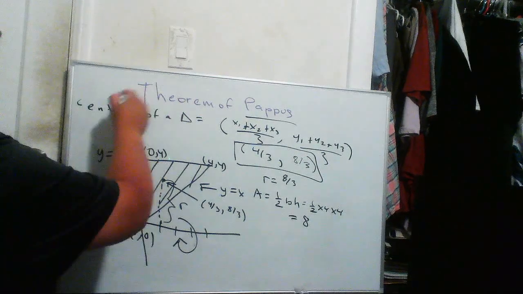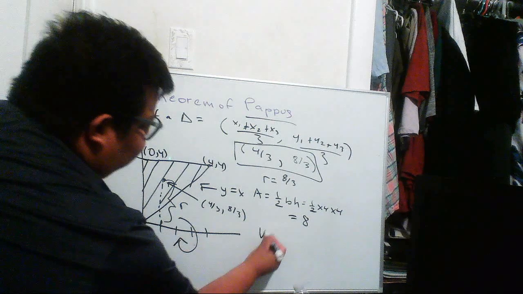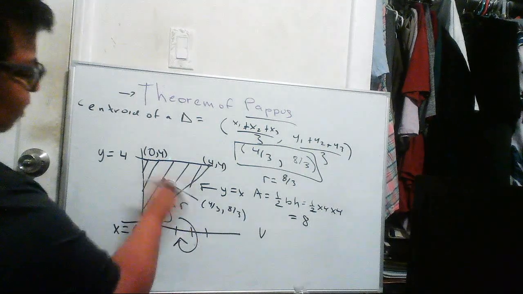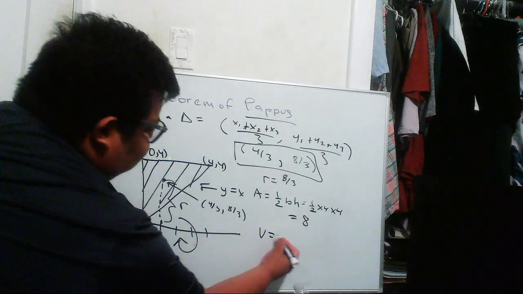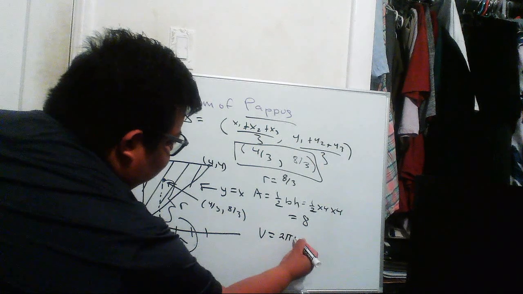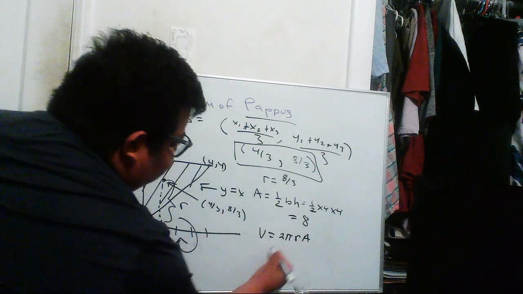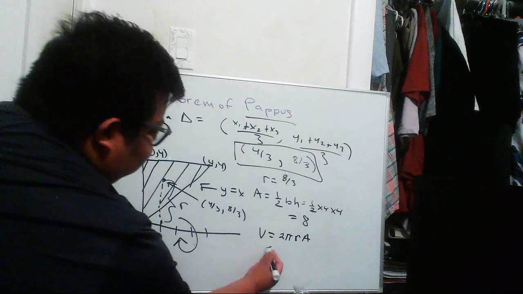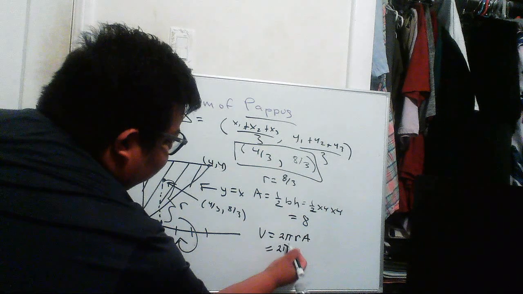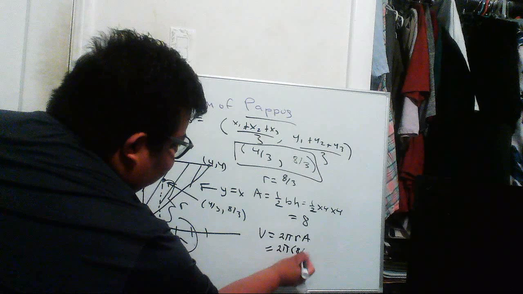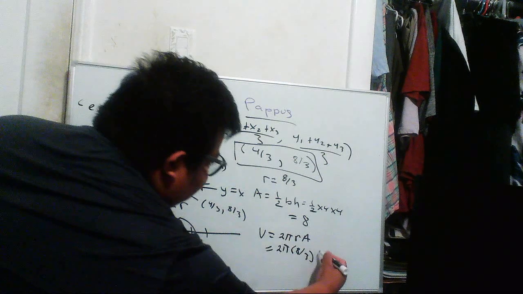And then by the Theorem of Pappus, the volume of this solid of revolution is equal to 2 pi r A, which is equal to 2 pi times 8 over 3 times 8.